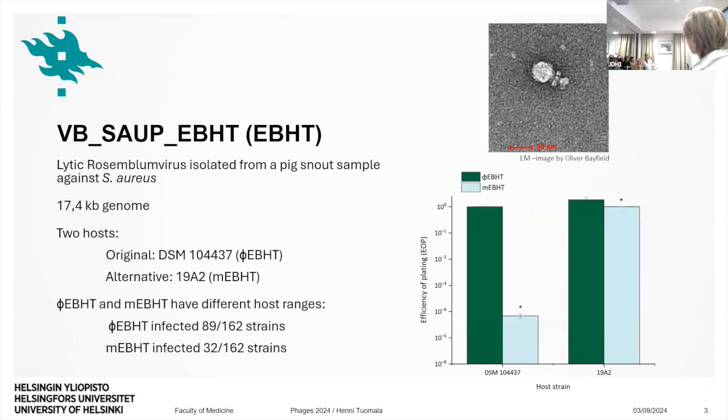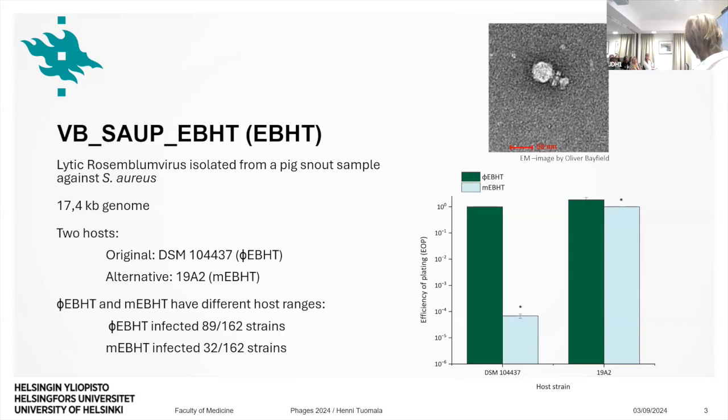During the work, we have been producing the phage in two different hosts: this original clinical isolate and an alternative host, 19A2, which is a pig isolate. We differentiate between the two phage variants: PEBHD produced in the original host and MEBHD produced in the alternative host.